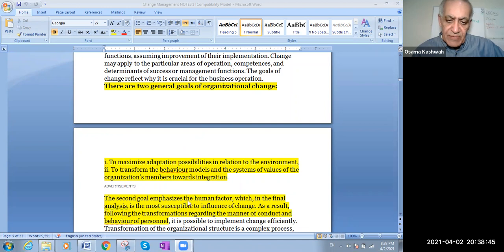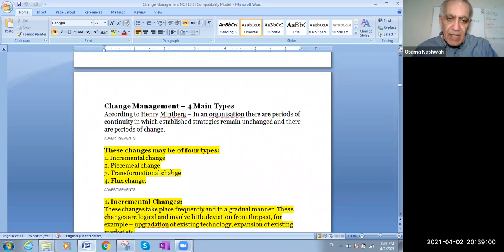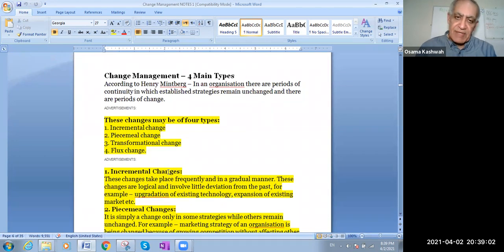The second goal is to emphasize the human factor, which is, in the final analysis, the most susceptible to influence the change, because people are the source of the change, the ones who will affect the change itself.